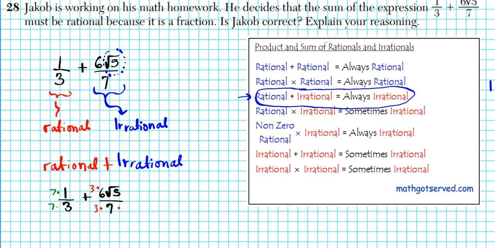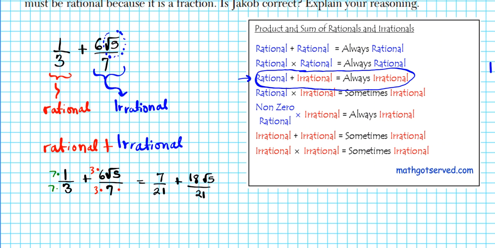Okay, so it's going to become 7 over 21 plus 18 rad 5 over 21. The denominators are now identical, so we can combine the numbers to give us 7 plus 18 root 5 over 21. So what does this show us?